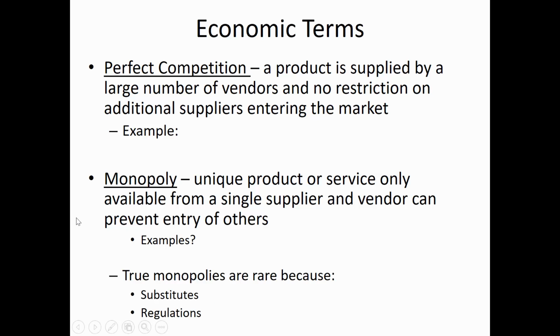Now, true monopolies are rare because oftentimes there are substitutes for the things that are supplied. If bread prices get really high, people can eat rice instead.